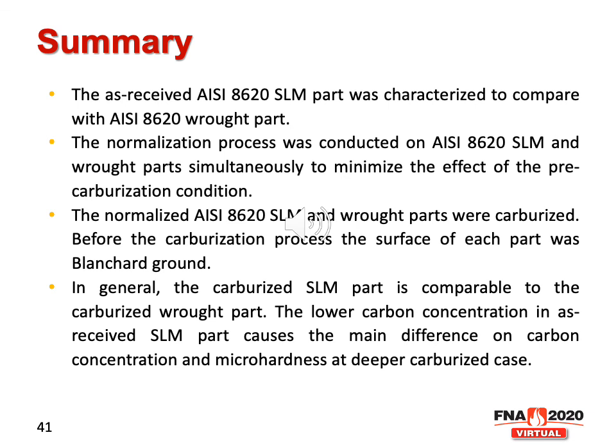That's why we conducted the normalization process to minimize the effect of the pre-carburizing condition. Then the normalized selective laser melted and wrought parts were carburized. And we did the broach-hard grinding before the carburizing process to get a better surface finish.